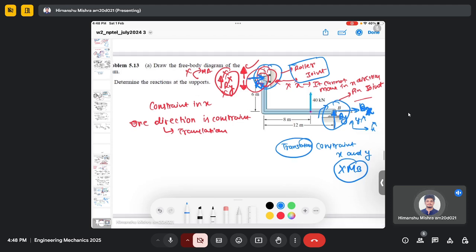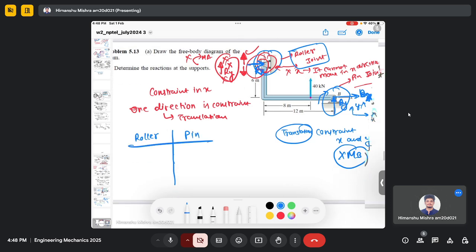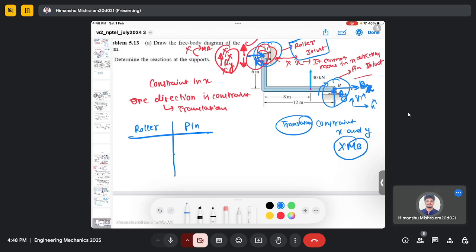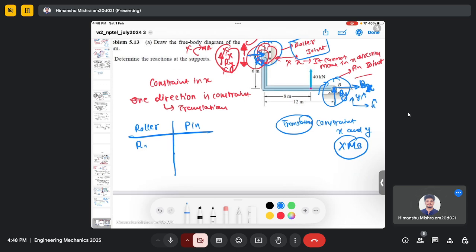So let me summarize. This is the pin joint. Here in this question, in the roller joint, it can move in the y direction, it can rotate, so you have only the reaction force, let me call this Ax.